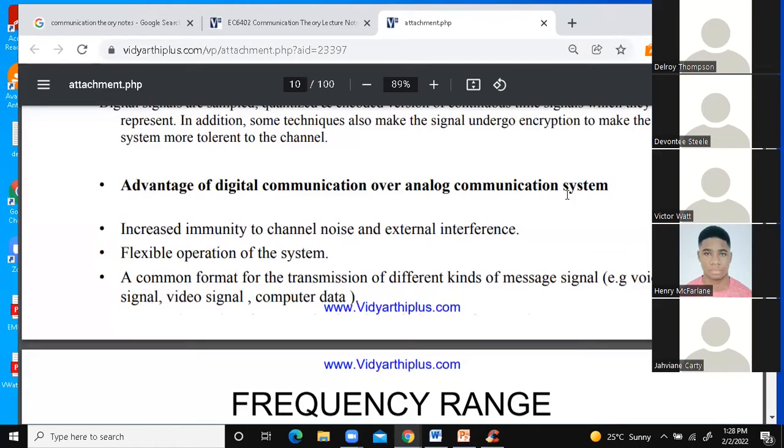Flexible operation of the system. So it's more flexible than the analog system. A common format for the transmission of different kinds of message signal. Example, voice signal, video signal, computer data.